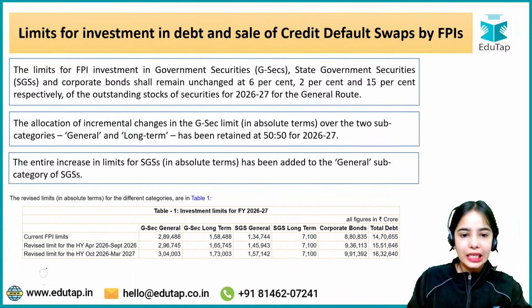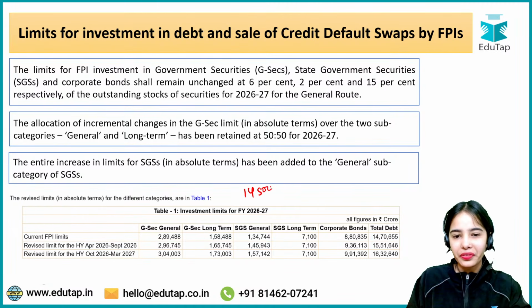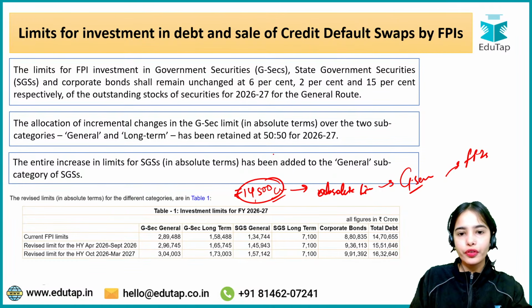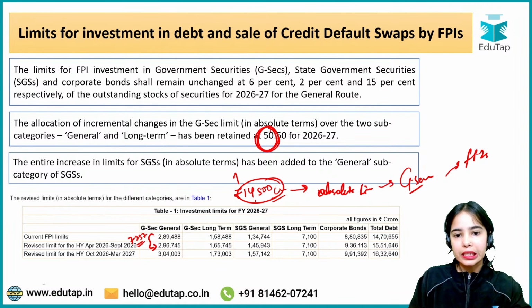So whatever is the increase, that is around 14,500 crore rupees. So 14,500 crore is the absolute limit, we can say, for the government securities for the foreign portfolio investors. So 50% of that is 7,257. This is the incremental limit.